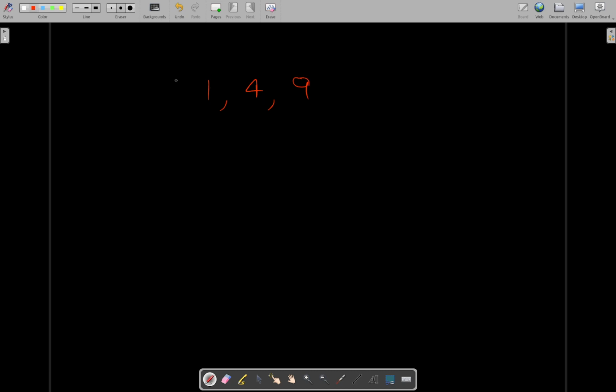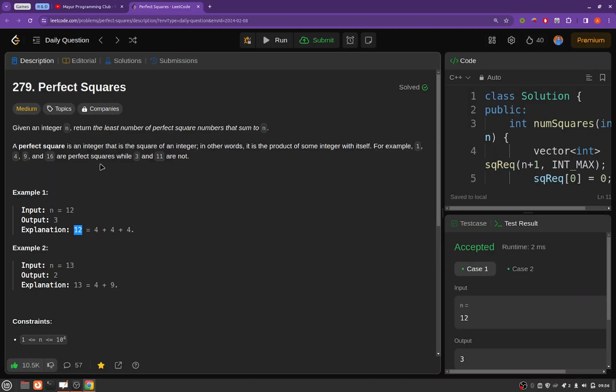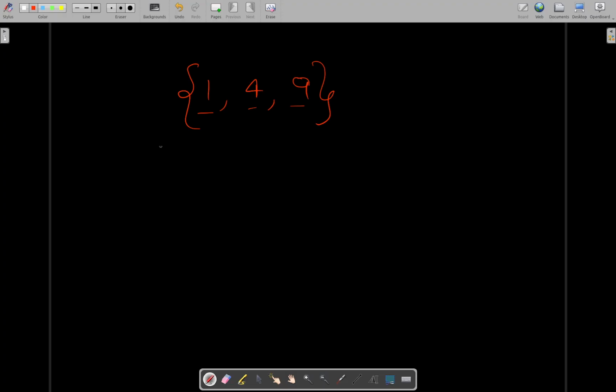So we have to consider only these numbers, since these numbers are perfect squares and all of them are lesser than n.